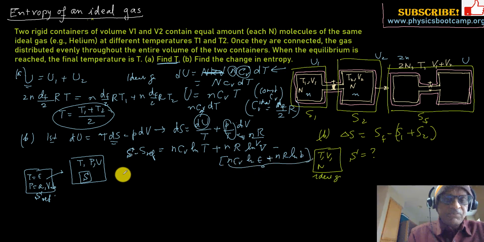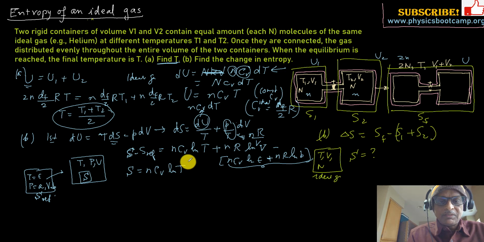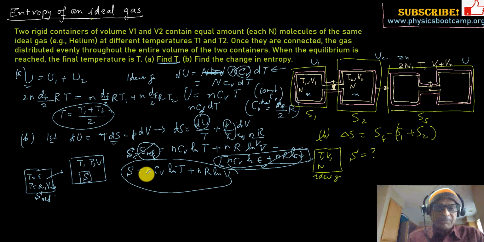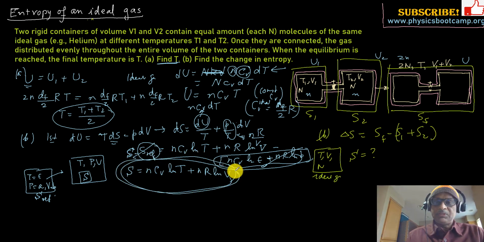So the S of a state is just going to be N Cv log T plus N R log V. I'm just going to assume that reference is this, and we're just going to cancel out the reference from both sides. This is the formula we'll use on each one of them.